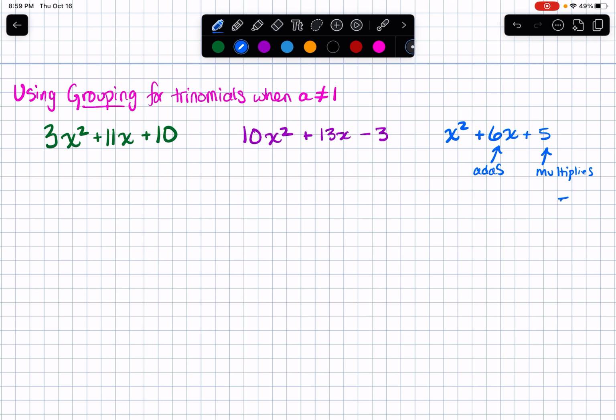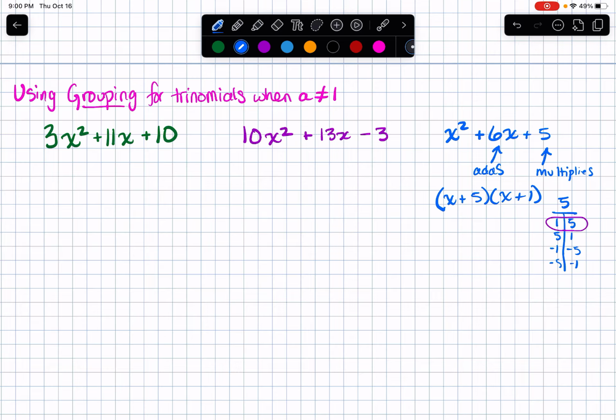When we do that, we could make our list of factor pairs. We could say, okay, I have 5 and 1, 1 and 5, -1 and -5, -5 and -1. So those are all the factor pairs that give me 5. The pair that adds to 6 is right here. Once I've found my pair, then I can write my factored form, x plus 5, x plus 1.